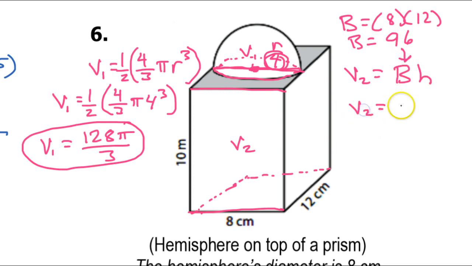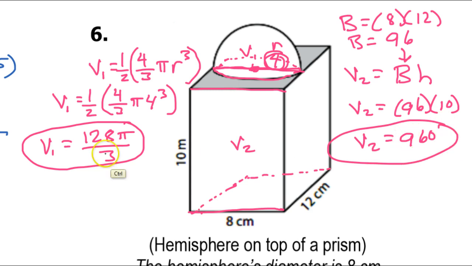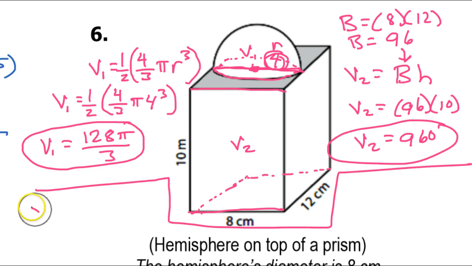So that means volume 2 is going to be 96 times the height of the prism, which is 10. Which gives me that volume 2 is going to be 960. So I have volume 1 and I have volume 2. So the overall volume is going to equal volume 1 plus volume 2.